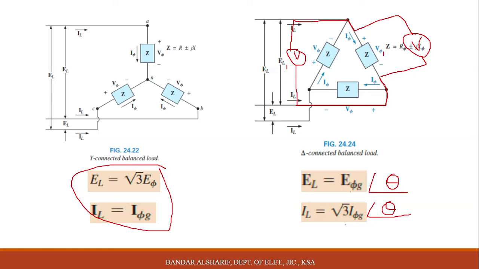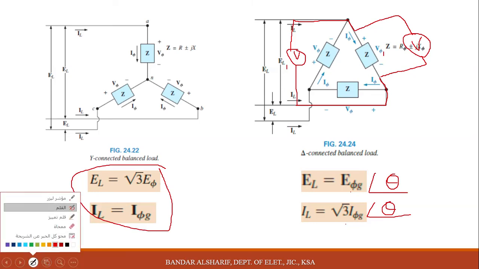If you remember, between each phase and phase there is 120 degrees, and between each line and phase value there is 30 degrees. But for the current, since they are equal in the magnitude and the angle.